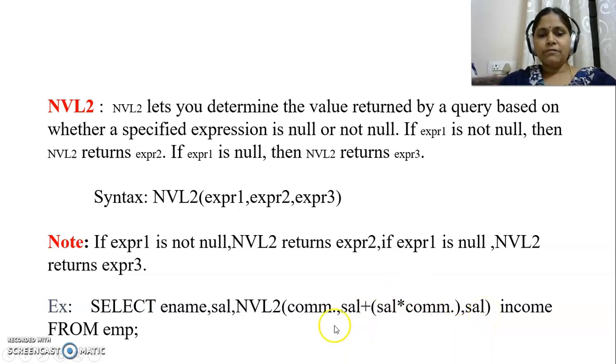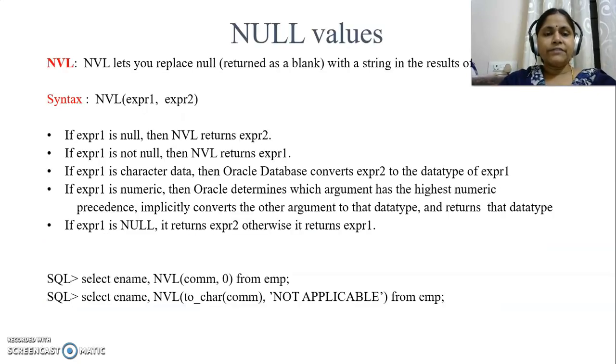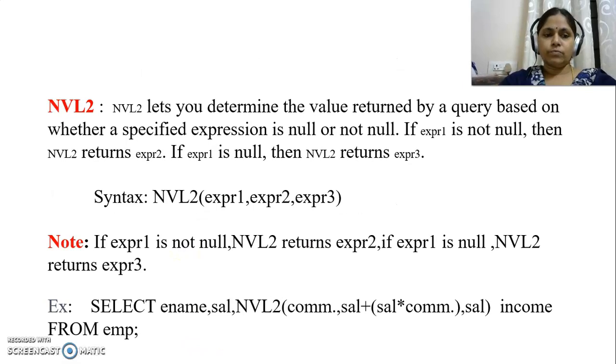If expression 1 is not null, then it will return this value. If expression 1 is null, then it will return sal. This is how NVL2 works. In this way, null values can be dealt with using different types of functions, NVL and NVL2.